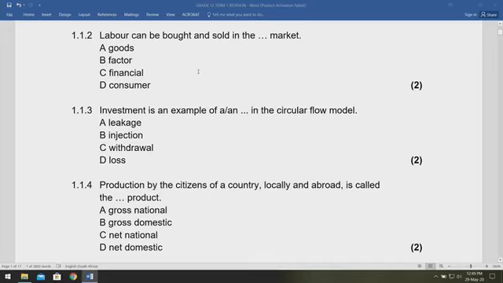So here we're dealing with one of the factors of production. Therefore, the market that we're dealing with is obviously going to be the factor market. So if I see from my options, the answer for 1.1.2 would be B. So labor can be bought and sold in the factor market.